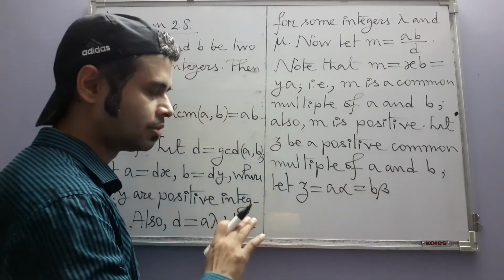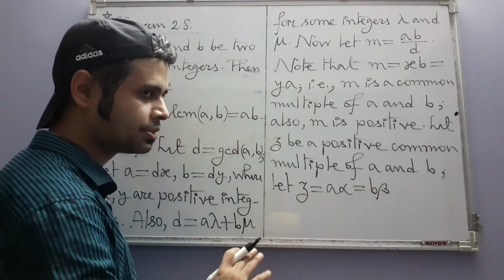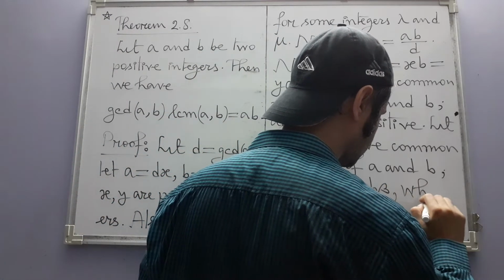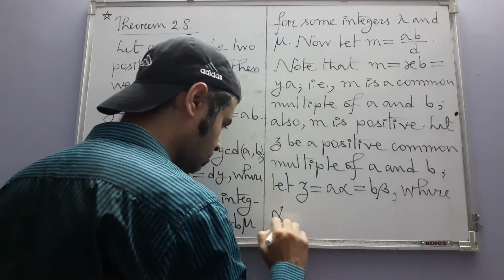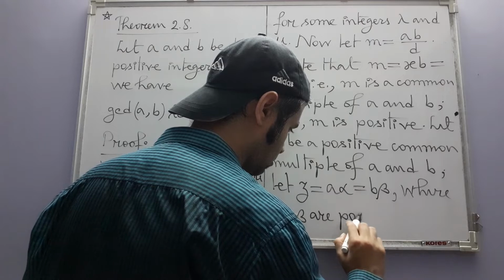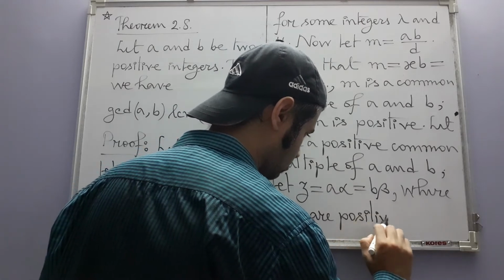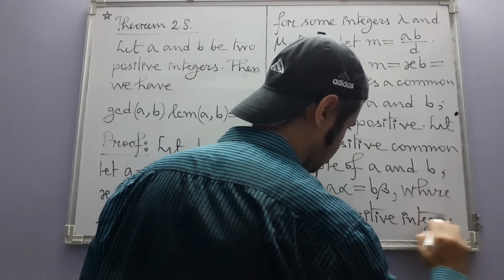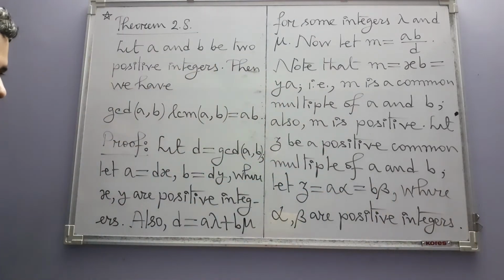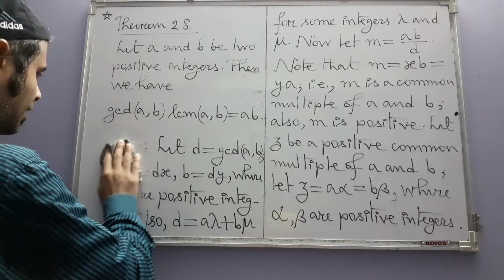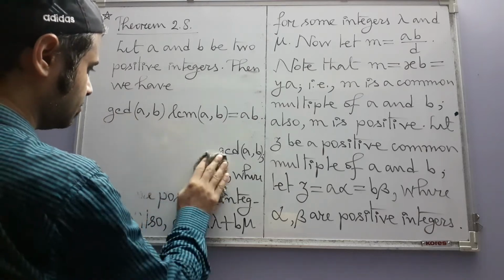I'm not sure, I don't remember whether we will need this or not, but we will see, where these are positive integers. A and B are positive, so alpha and beta will also be positive.